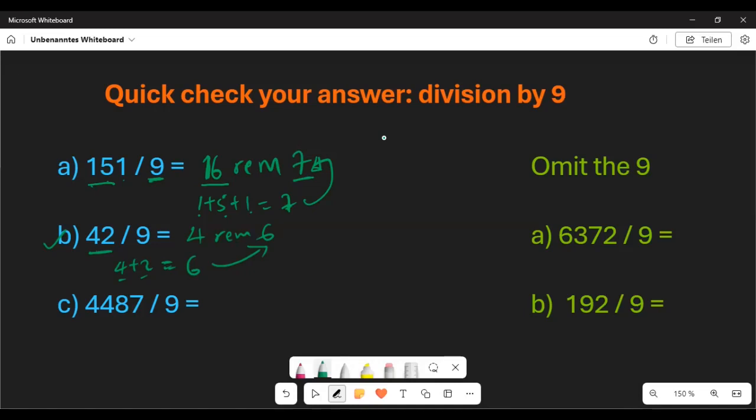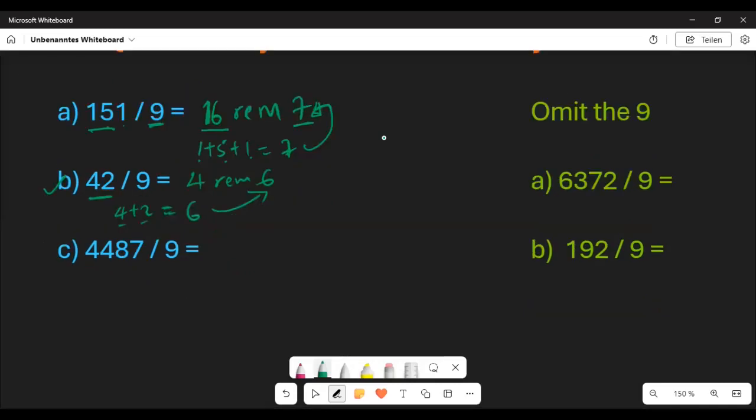How about if you get a huge number like 4,487? The answer here is 1,498, sorry, and the remainder is 5. As someone who wants to quickly check your answer, the remainder is the same as the sum of all the digits.